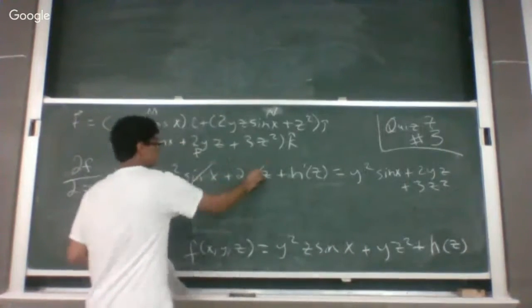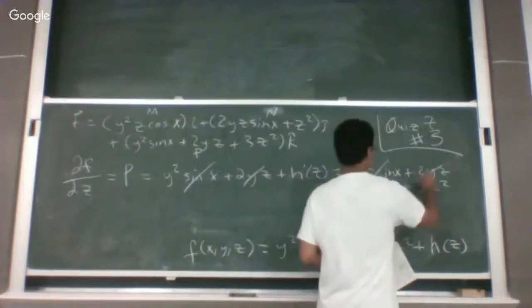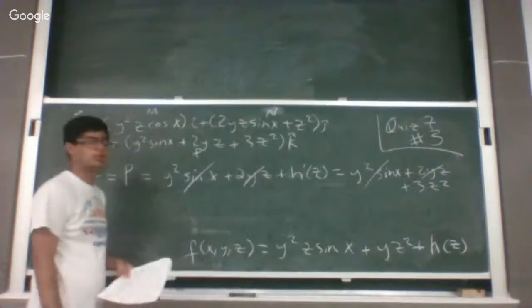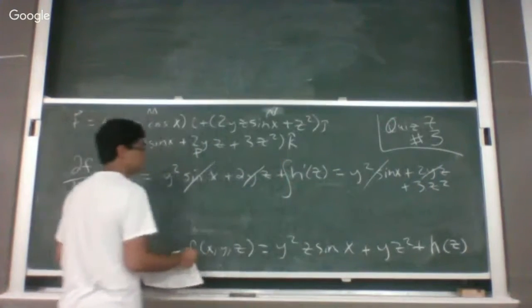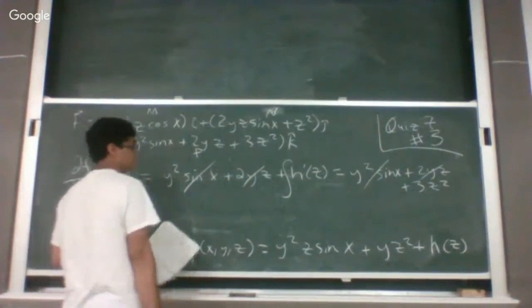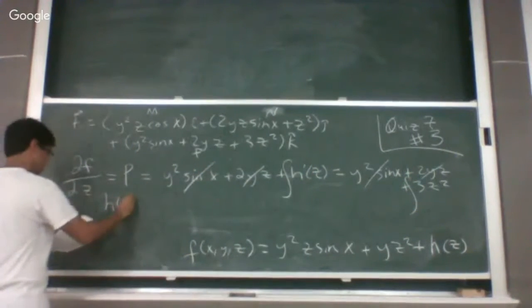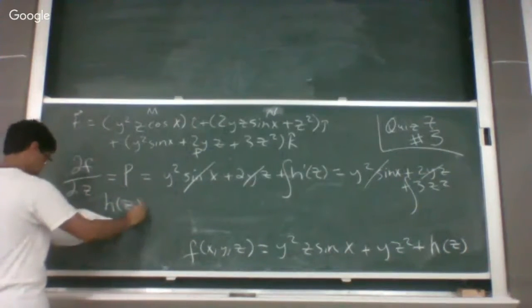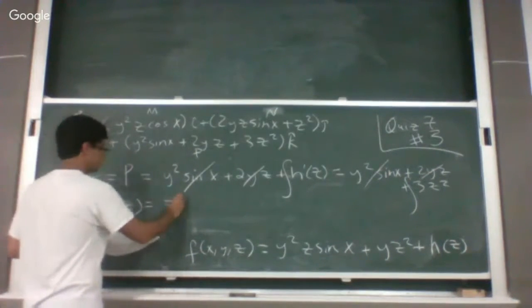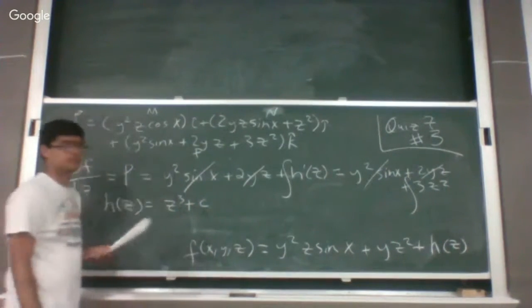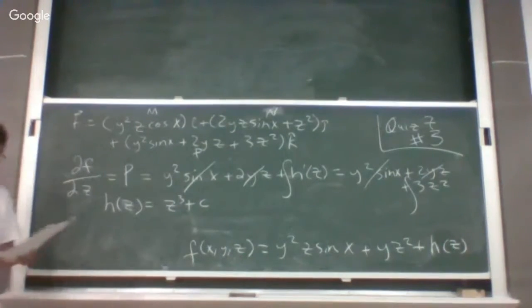So then these two parts cancel out. We take the integral with respect to z. So then h of z is equal to z cubed plus c.